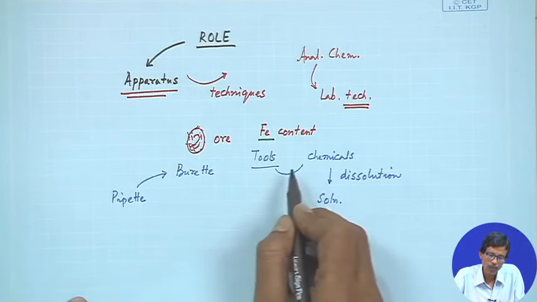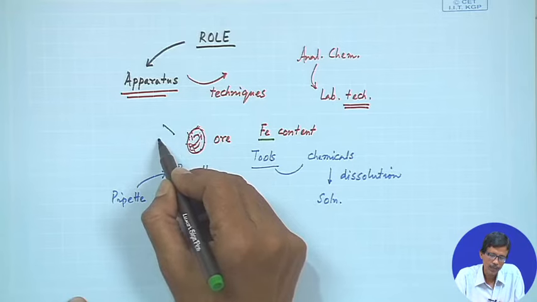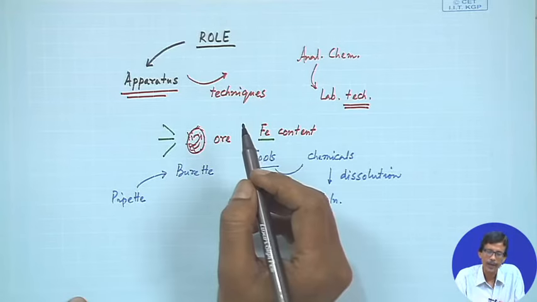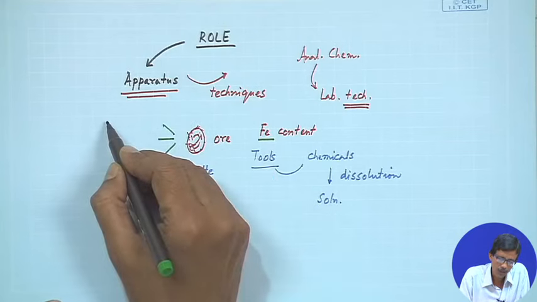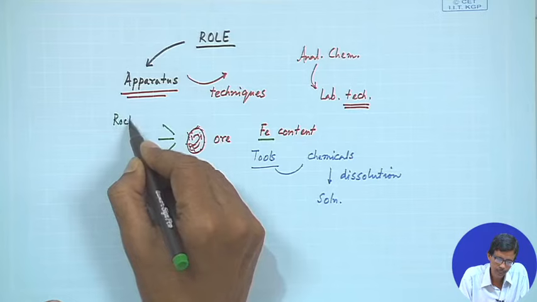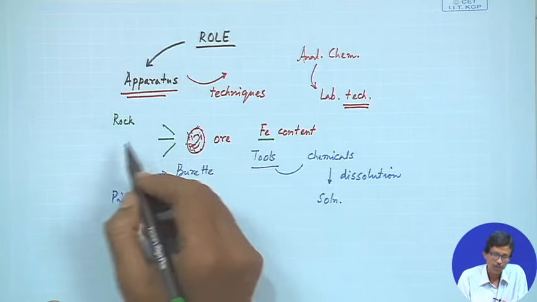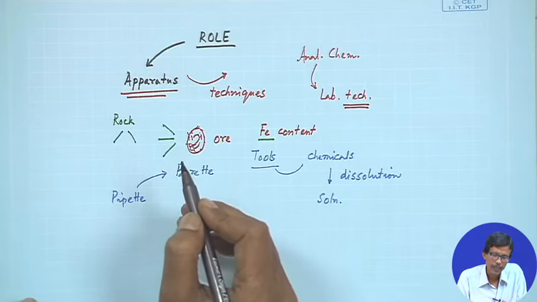We are talking about so many things, because this ore may be coming from some mining process, or it can be obtained from different rock samples, as I told you earlier, from the earth surface or from the Mars surface or any other surfaces.